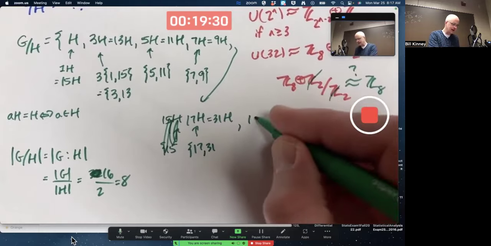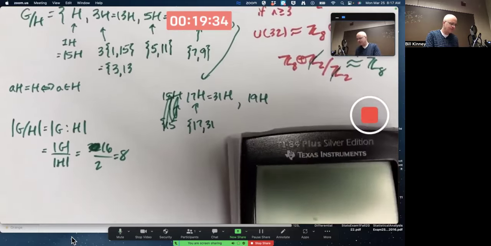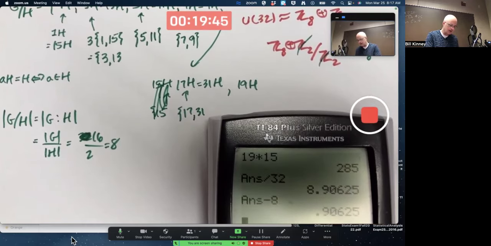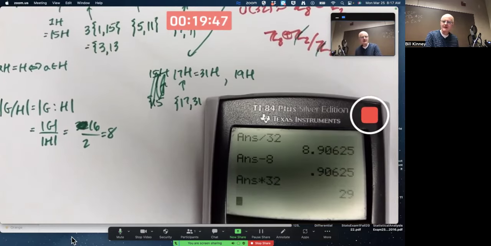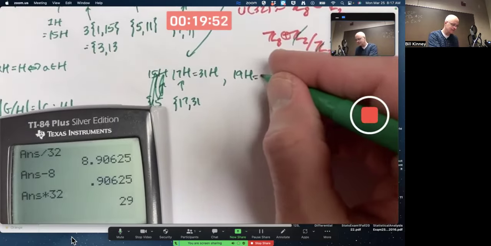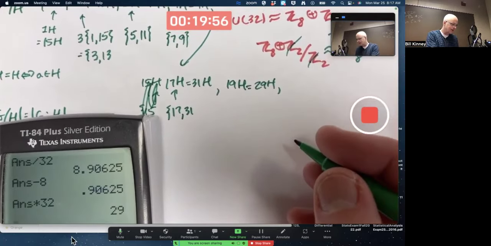I guess there's 19H as well. What's 19 times 15? I'm trying to figure out the other element besides 19 in here. It's 285 divided by 32. Figure out the remainder. Like this. 29. Two more elements. What do I have left here?